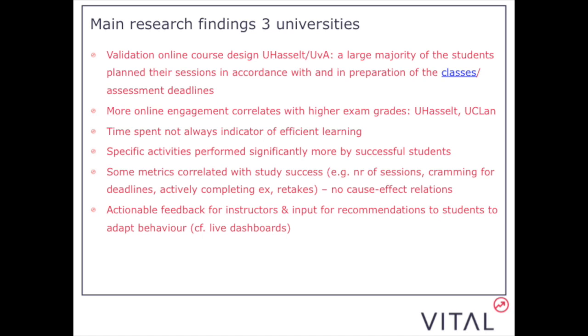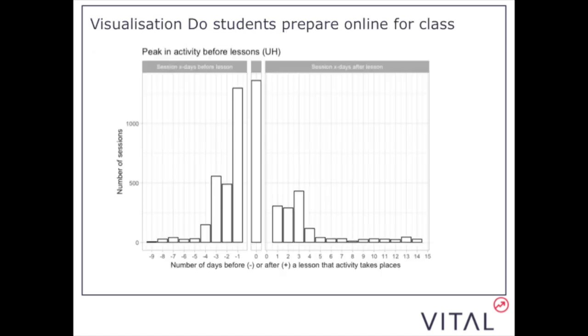So we could see from the data the planning, when the students plan their work, which contents they selected when, and that they did prepare for the classes in advance, as we hoped, or before the assessment deadlines. So these types of visualizations were made that show that most students work online one day before or the day itself, the day of the classes.